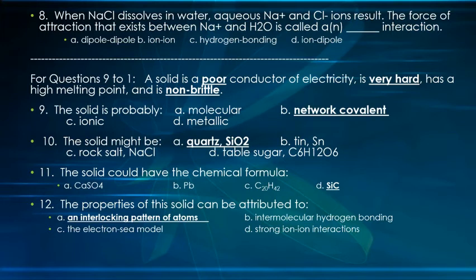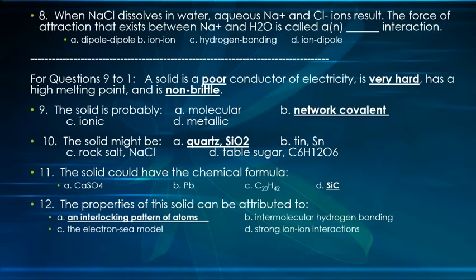Metallic solids, well, they are not brittle. They're malleable. They are very hard. They do have a high melting point, but metallic solids are good conductors of electricity, so it can't be that one. The network covalent, these are your diamonds, your sand, things like that. They don't conduct electricity well because it's all covalent. They are very hard because it's only covalent bonds.